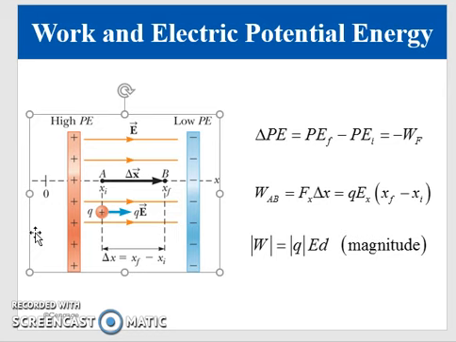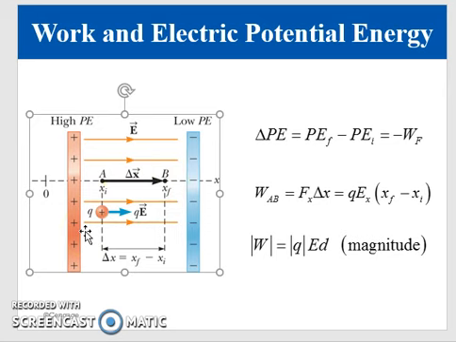Well, we know that it is going to accelerate toward the negative plate and it's going to experience a force QE. Remember that F equals QE. Suppose we just consider its motion from point A to point B. What's going to happen in that case?